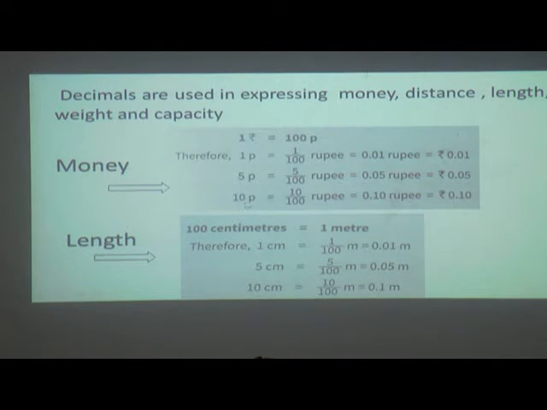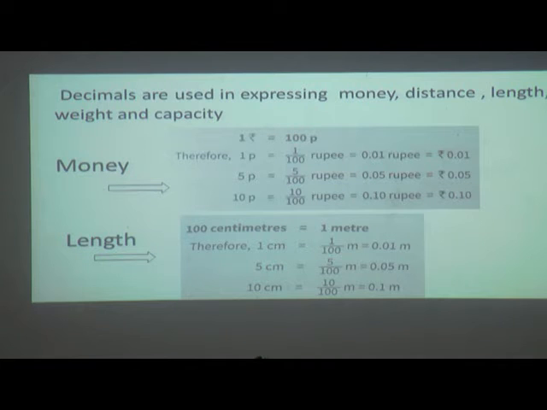Then 10 paise is equal to 10 upon 100. You can cancel here, it is also possible, or you can write it as it is. It's correct. Here we write the number 10 directly, and we see the number of zeros, which is 2 zeros, so we put the decimal point after 2 digits.